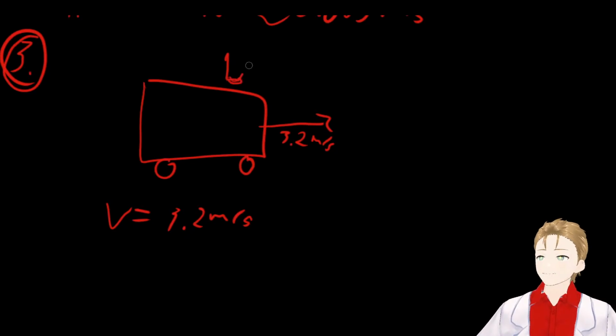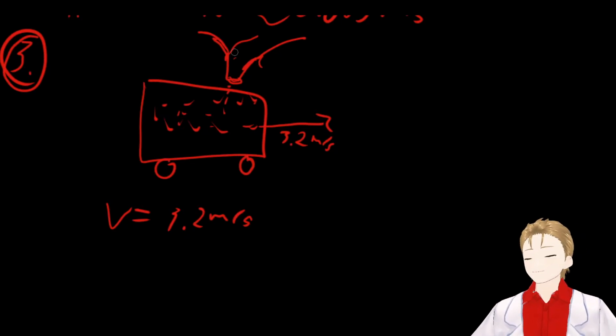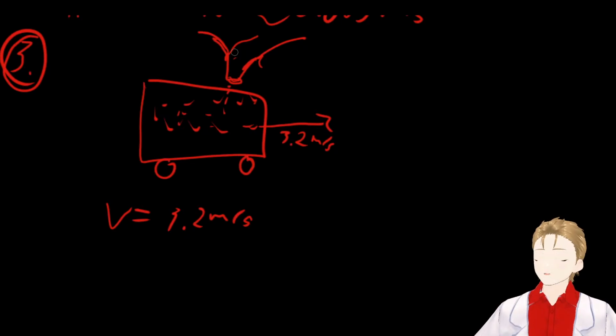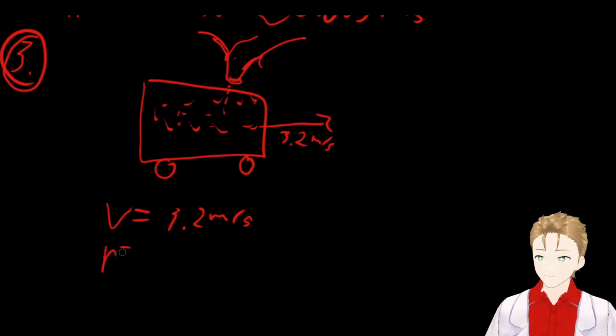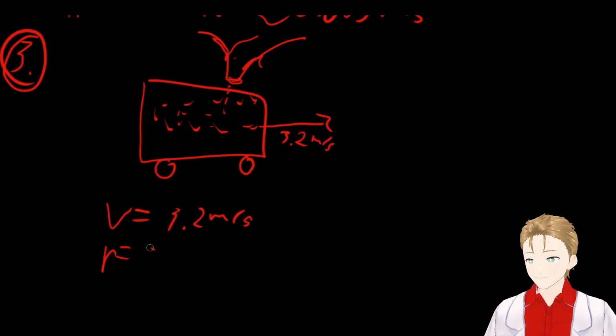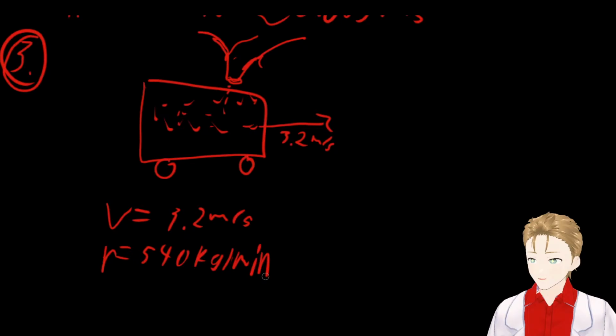cubicle system, I guess. It's shooting stuff out at a rate, how do I say it? I'm going to make the rate R. If I have 40 kilograms per minute, this is quite a difficult one.